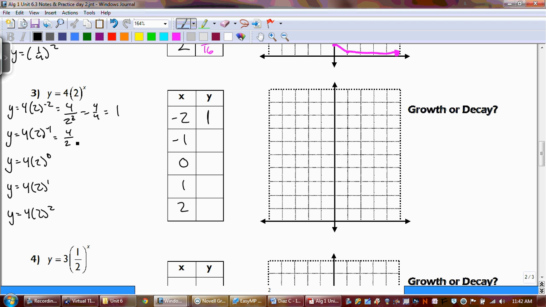Remember the 2 drops down because it's negative, and 4 divided by 2 is 2. 2 to the 0 is 1, and 4 times 1 is 4. 2 to the first is 2, and 4 times 2 is 8. 2 squared is 4, and 4 times 4 is 16.